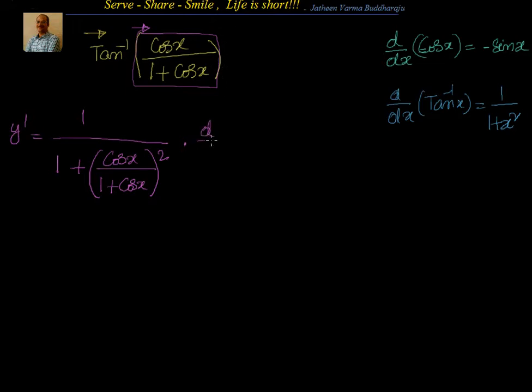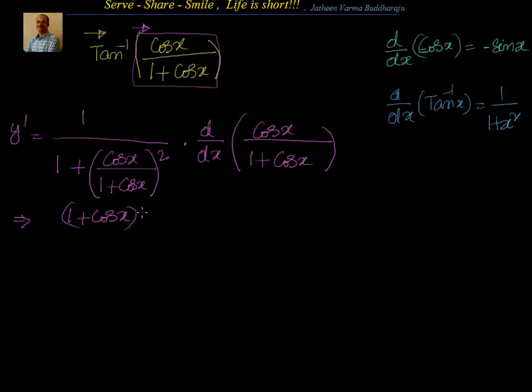So first step, I will say d by dx of cos x by 1 plus cos x. We'll take it to the next level. So this is nothing but 1 by 1 plus cos x whole square divided by 1 plus cos x whole square plus cos square x.